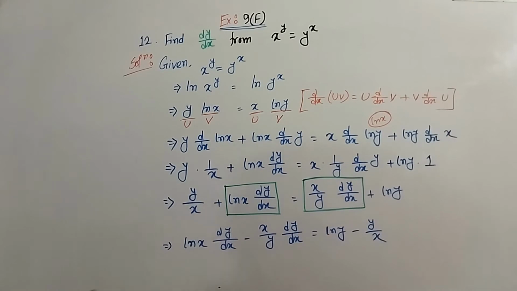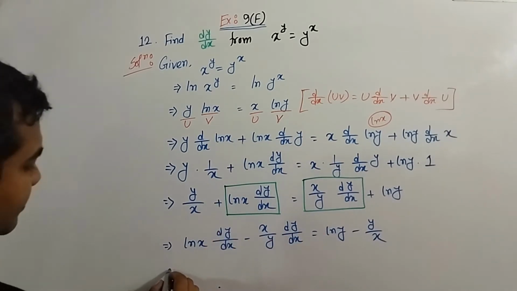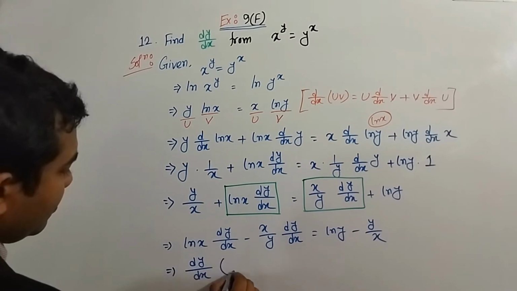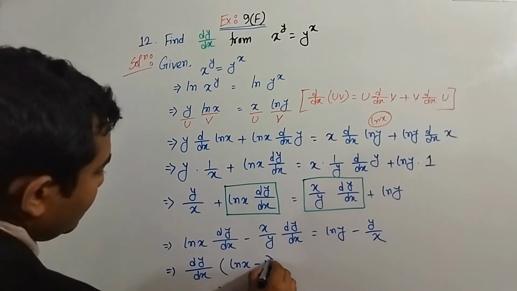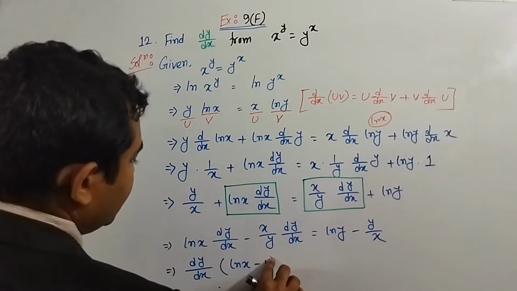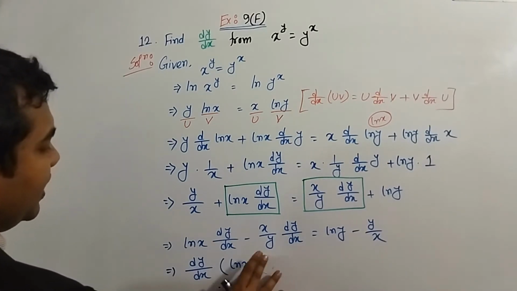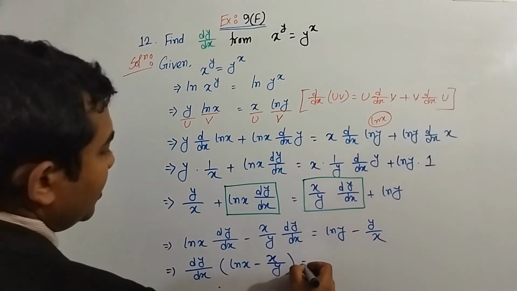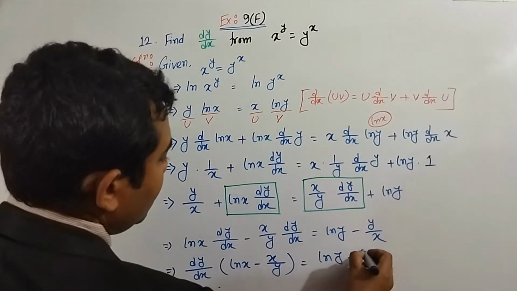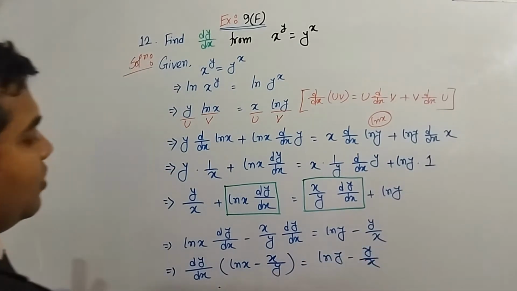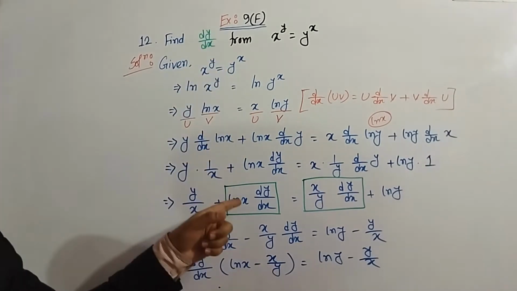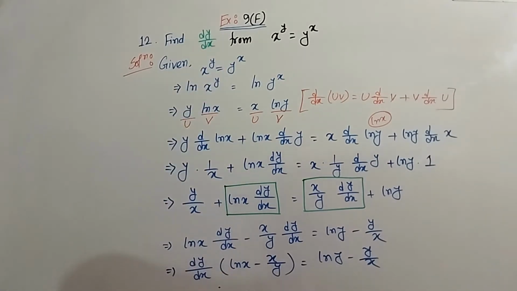If we take dy/dx common, then we get ln x minus x/y equals ln y minus y/x.